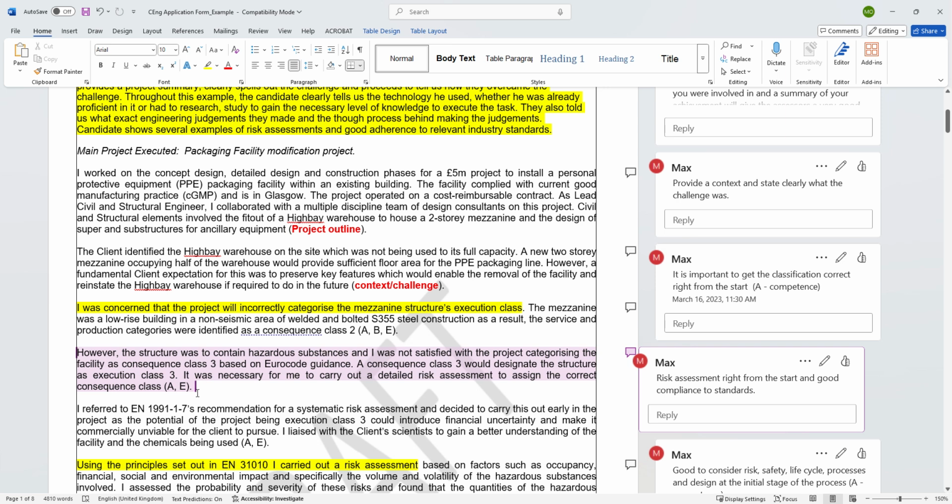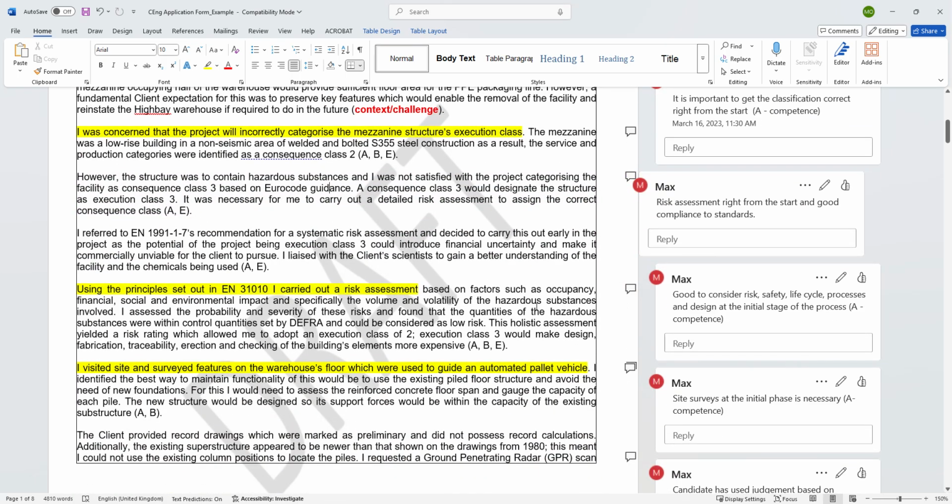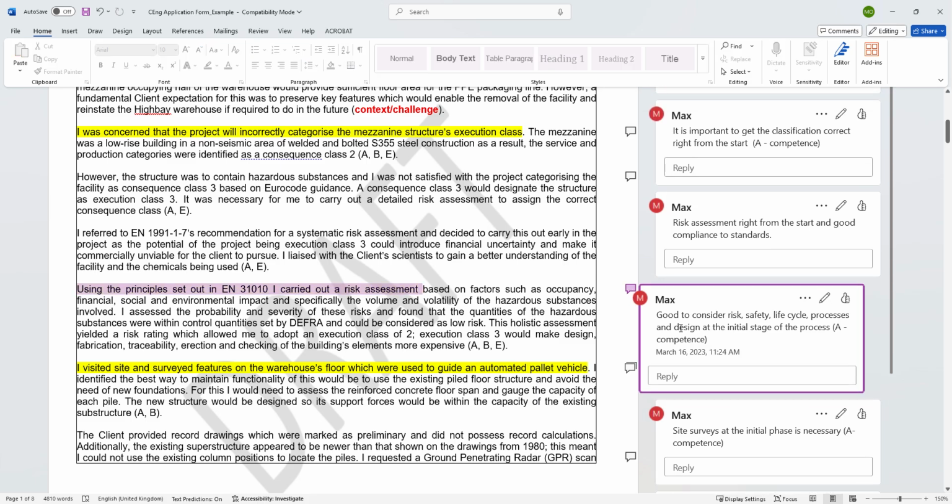The assessors will look for evidence of you considering options. So you consider the risks, you consider sustainability and things like that. So for this paragraph, what's the comment here? So we're saying that it is good to consider risk, safety, life cycle, processes, and design at the initial stage of the process.